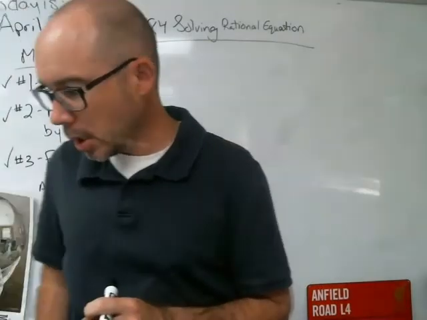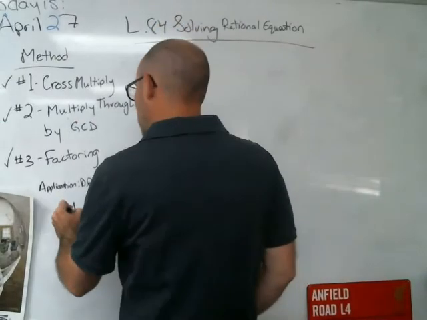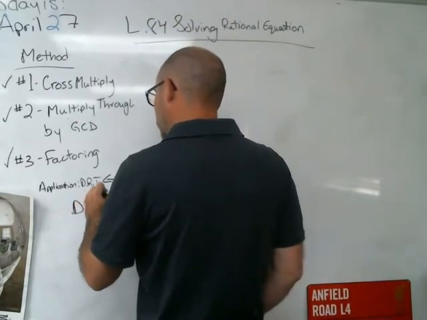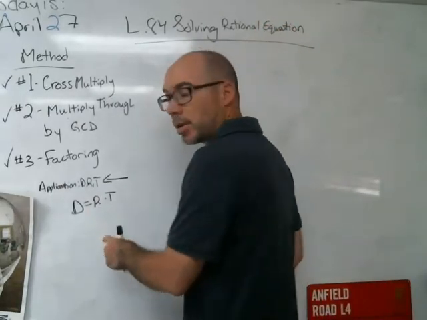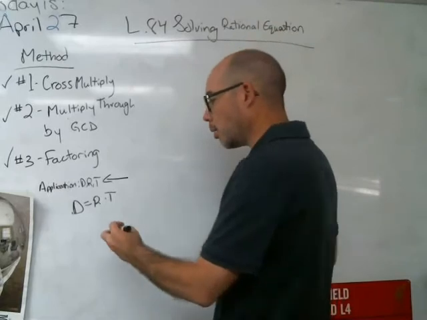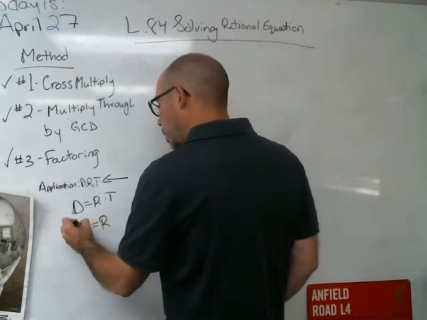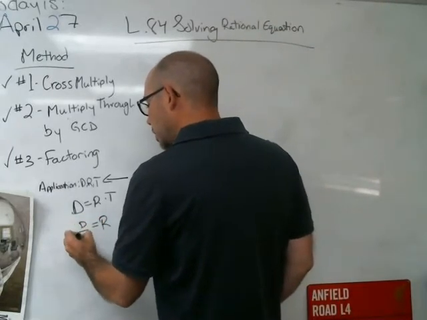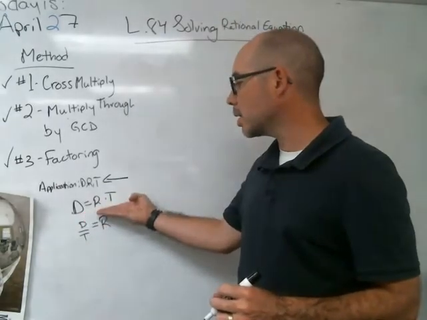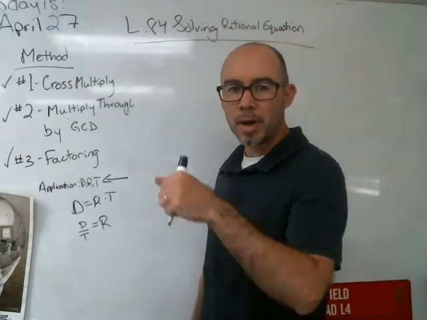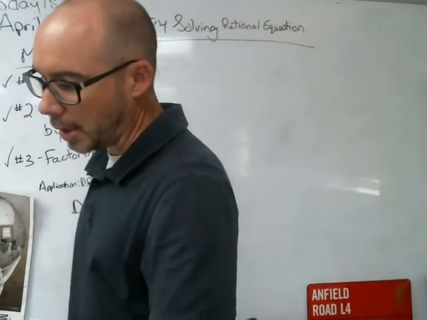Okay, and here we have to remember that distance equals rate times time. Rates are things like miles per hour. So really we're looking at the fact that rate equals distance divided by time. But oftentimes these things are phrased this way. The distance is going to be a rate multiplied by a time.